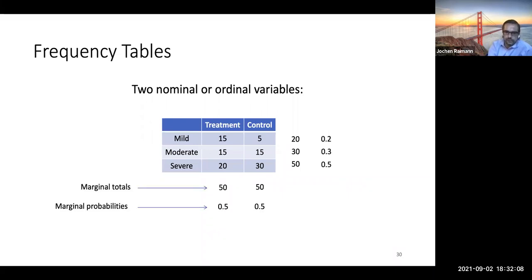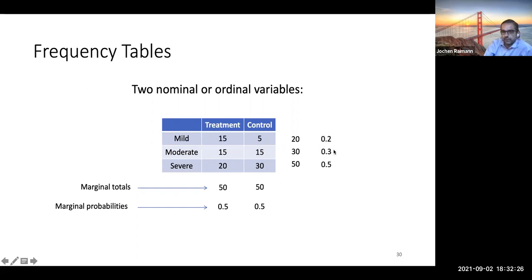And yeah, marginal totals, marginal probabilities. With the marginal totals, you can calculate the marginal probabilities by dividing the numerator of 50 by the denominator of 50 plus 50, which is 100.